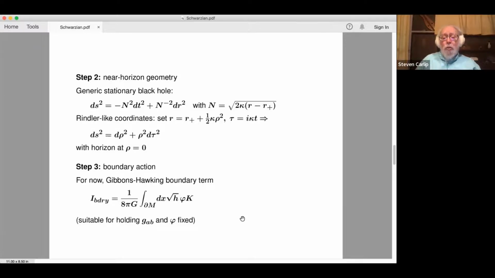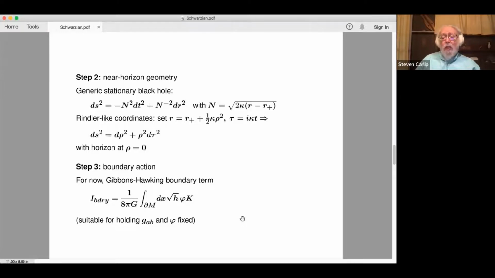And you can always choose Rindler-like coordinates, which, if you then analytically continue to imaginary time, give you ds squared equals d rho squared plus rho squared d tau squared, where tau is a rescaled imaginary time, which has to have a periodicity of the inverse temperature of the black hole.